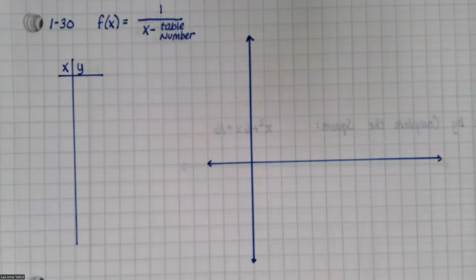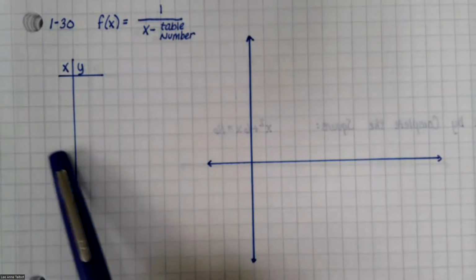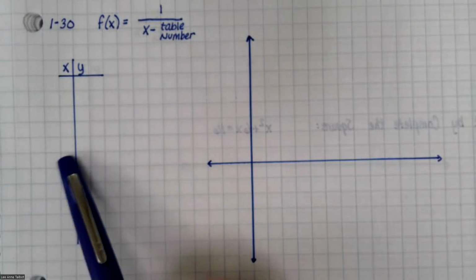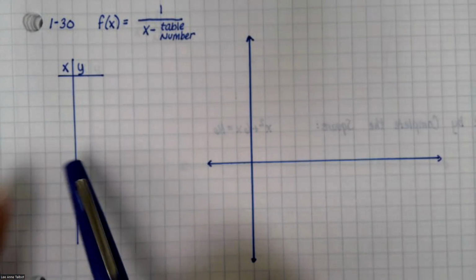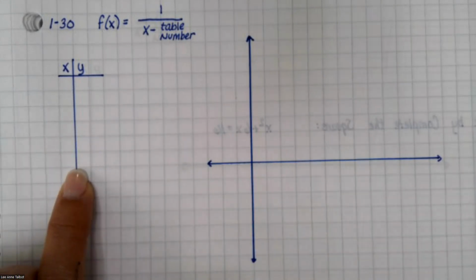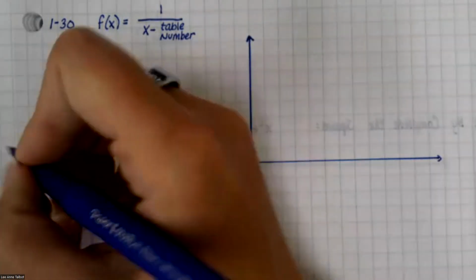Okay. Real quick though, before we move on, what number should I put here in the middle of my table? Where should my table be centered on? Yes. Table number, beautiful.